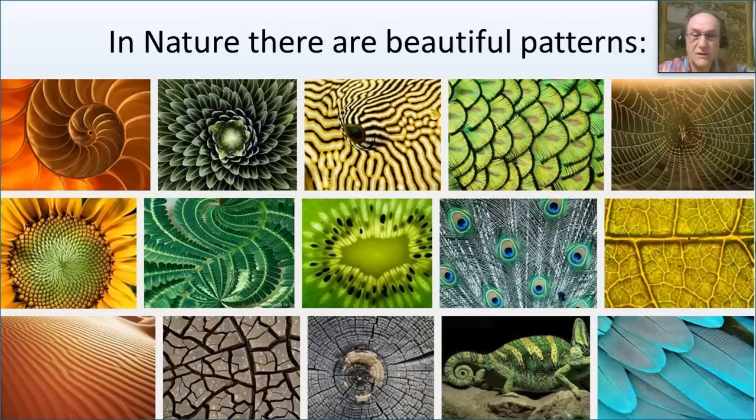And this is not just woo-woo alternative thinking. This is standard fundamental science that we understand. We modern people understand that there's a geometry and a mathematics behind the sunflower.